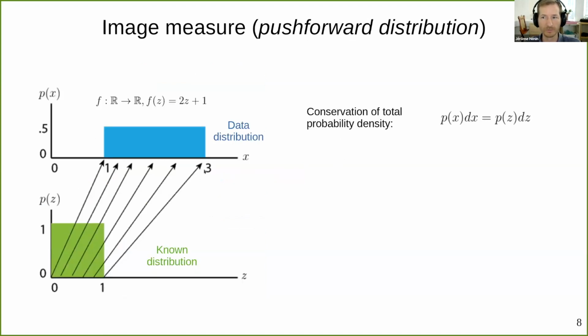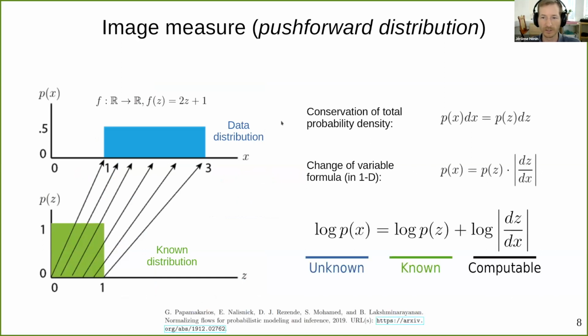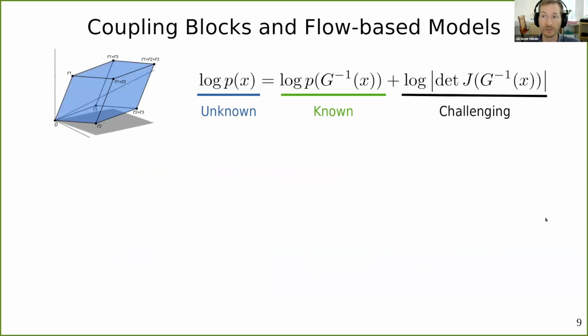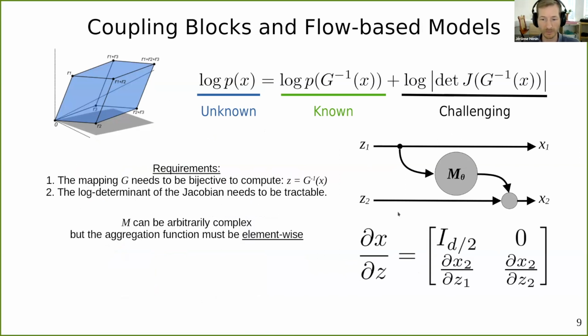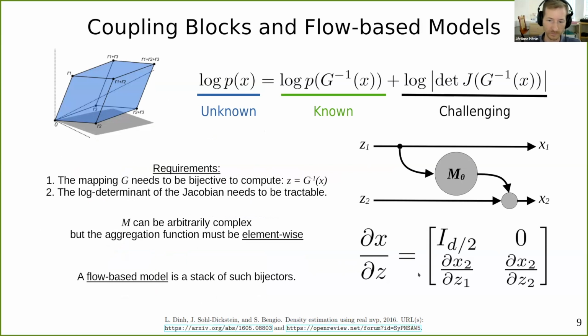So we need to compute the inverse. I'm going to skip these very basic reminders about computing the density for the image distribution. For flow-based models, you need these kinds of coupling blocks. This is all explained in now pretty old literature. These are the same architectures that are used in Boltzmann generators.